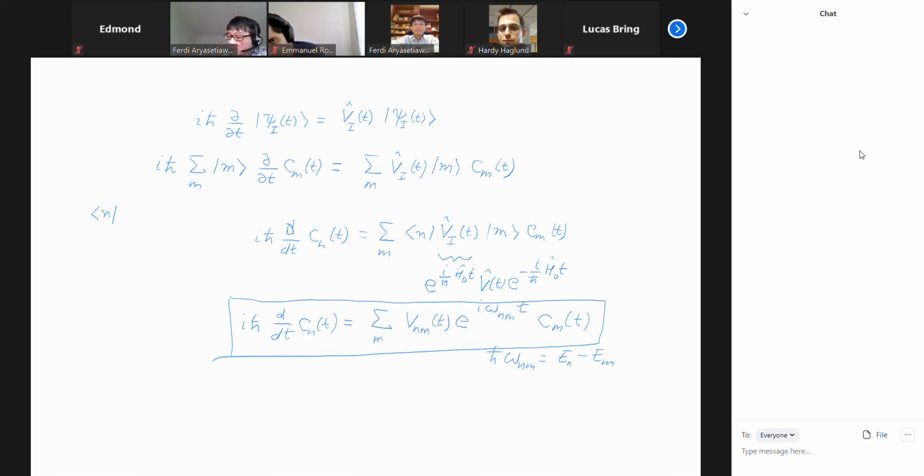You can also think of it as a vector equation or a matrix equation. Think of this as a vector C, and then the right hand side is just a matrix multiplication between the matrix V and the vector C. So we can also write it like that.